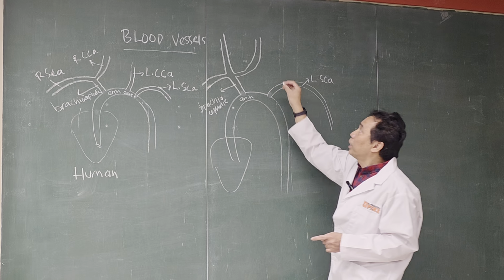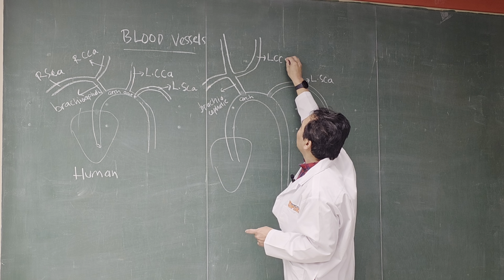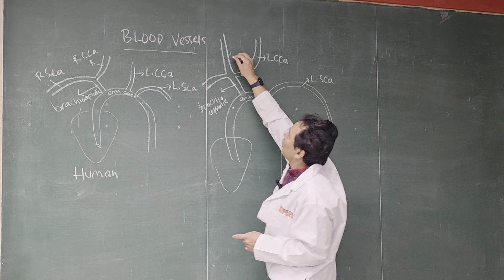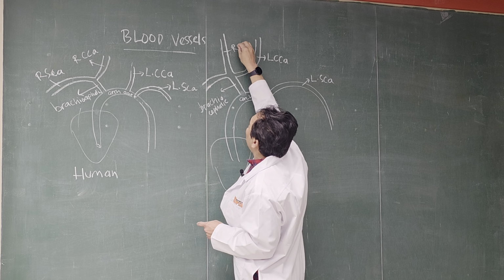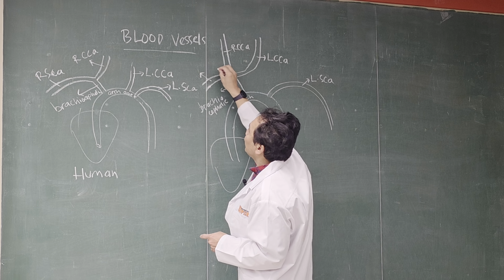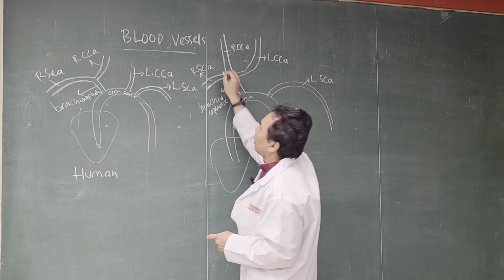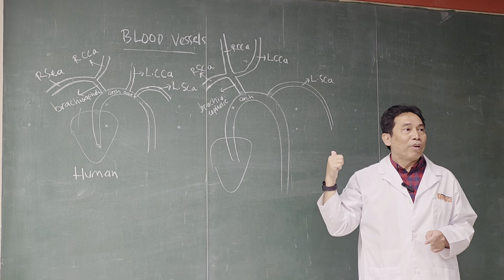This one's going to be the left common carotid artery. This one's going to be the right common carotid artery. And this one is going to be the right subclavian artery. Look for that one.